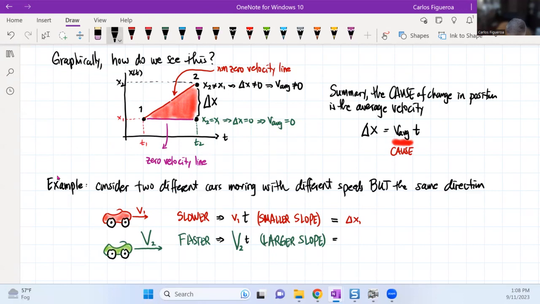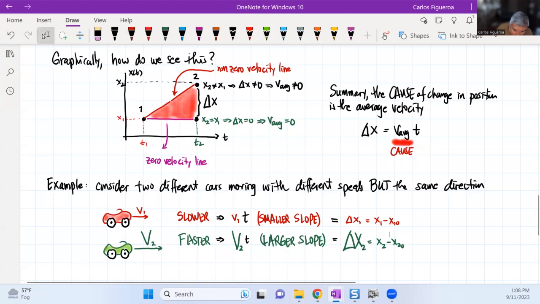This guy has a bigger change in slope. Maybe we should be talking about two values like this so that it's easier to identify what we're talking about when we start plotting these.